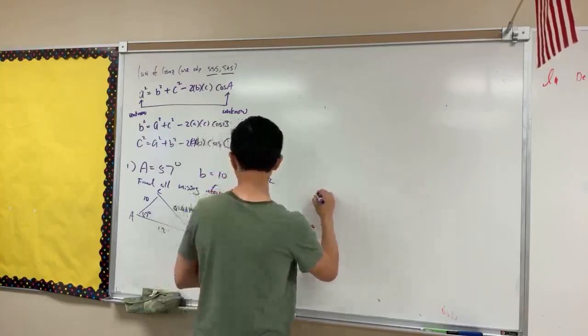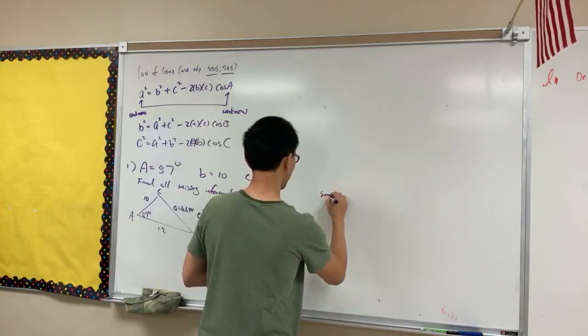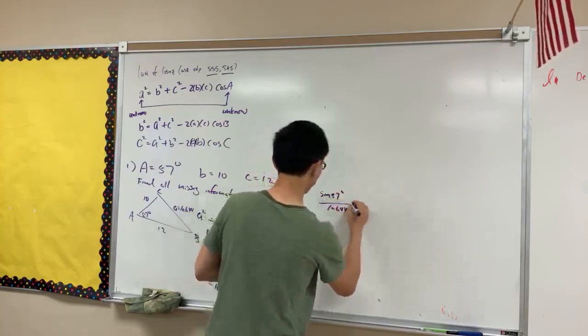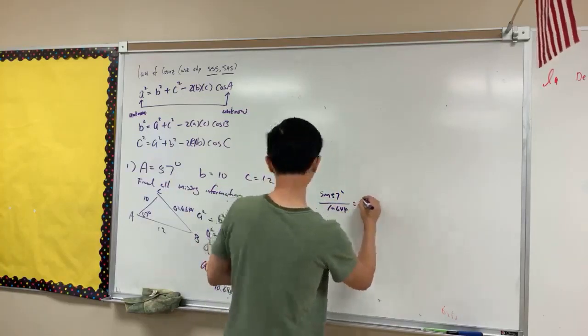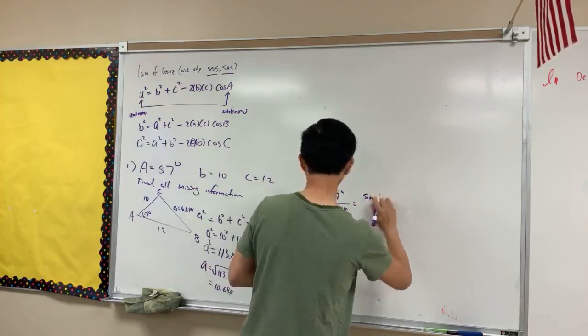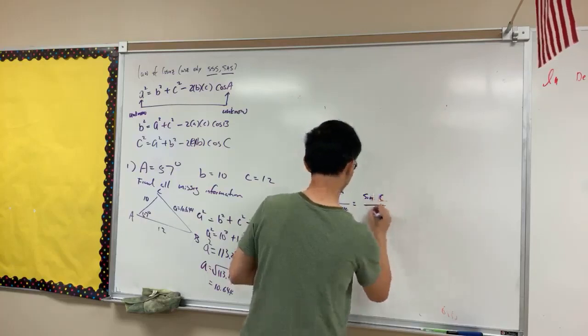We're going to say sine of 57 over 10.644 is equal to sine of C over 12.